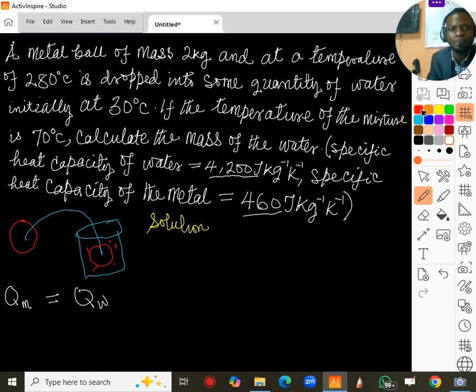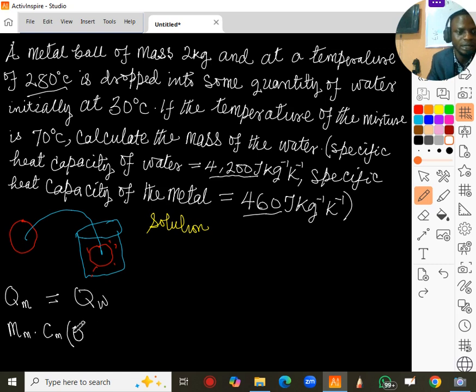and heat loss by the metal ball is given by the mass of the metal multiplied by the C of the metal, into the temperature gradient of the metal, which is from 280 down to 70. Sorry for that, let's put in the letters.